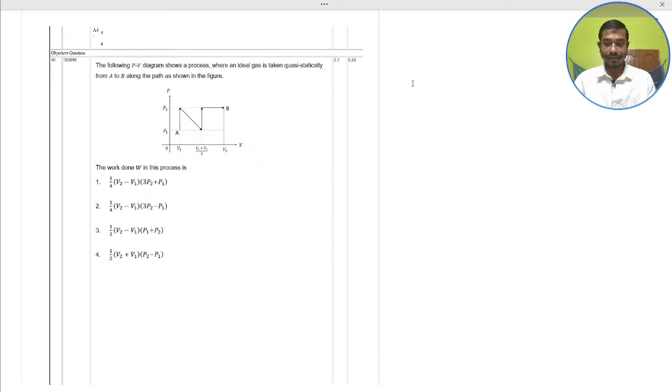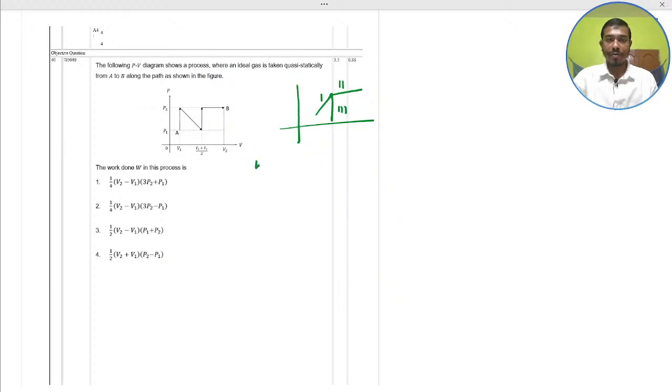So region 1. I draw the path from this one. Okay, this is path 1, path 2 and path 3.